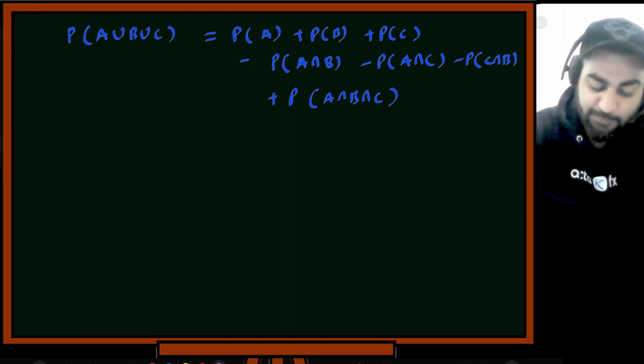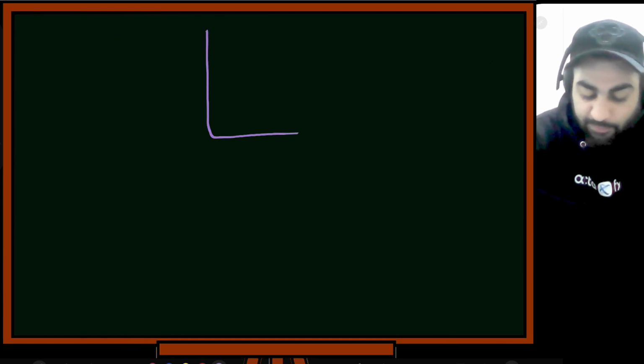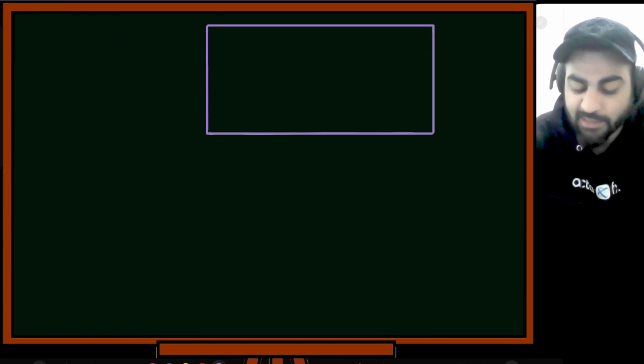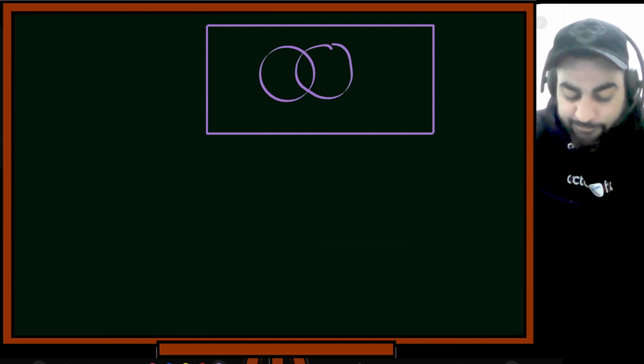Let's see it from the Venn diagram now. I'll erase it and we'll make the Venn diagram to compute this formula. I don't want you to memorize any of the formulas. It should be easy for you to compute them on the fly.